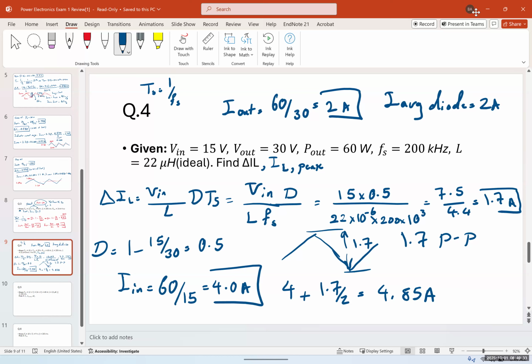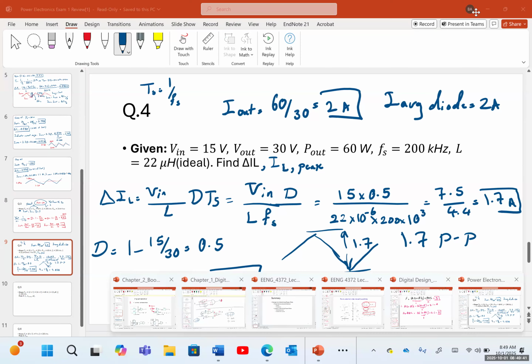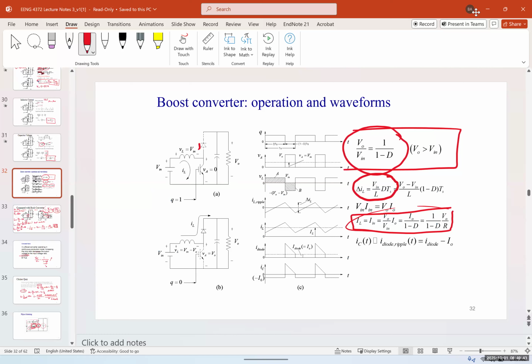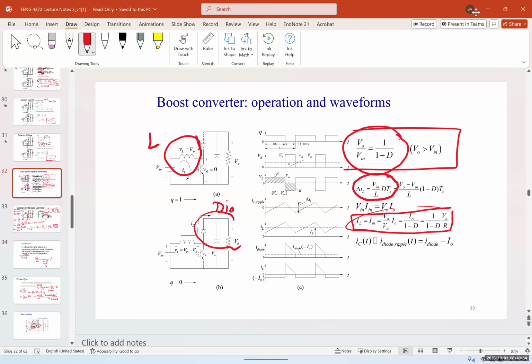This is the average current for the inductor. Again, why? Because in the boost converter, as you remember, the inductor is in the input and the diode is connected to the output. Inductor, and we have the diode.